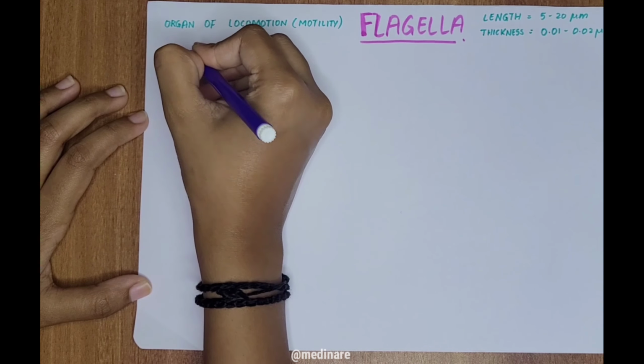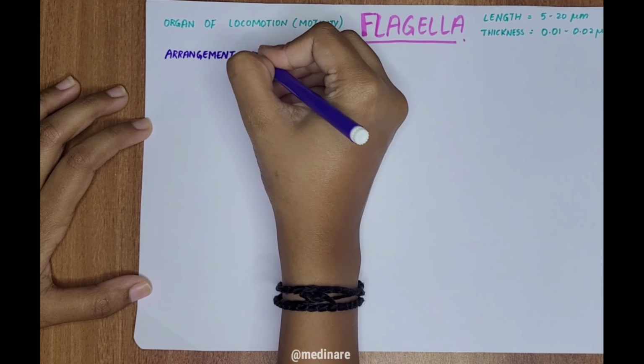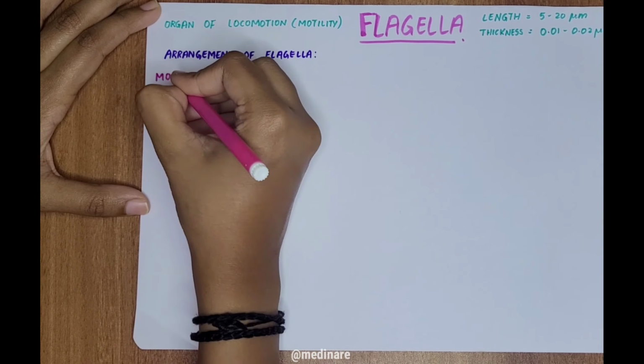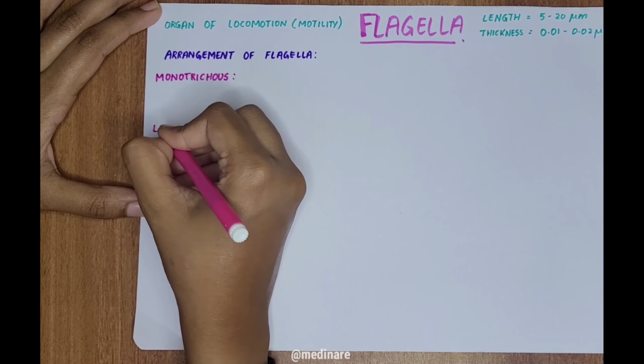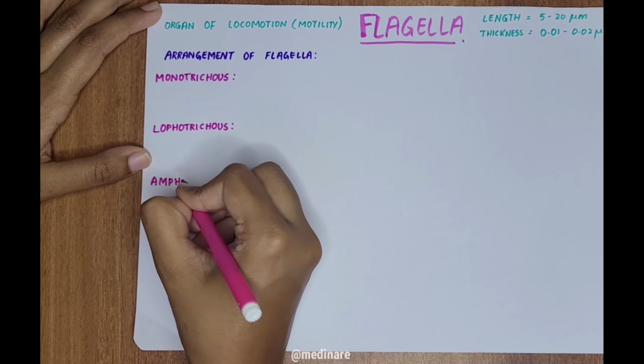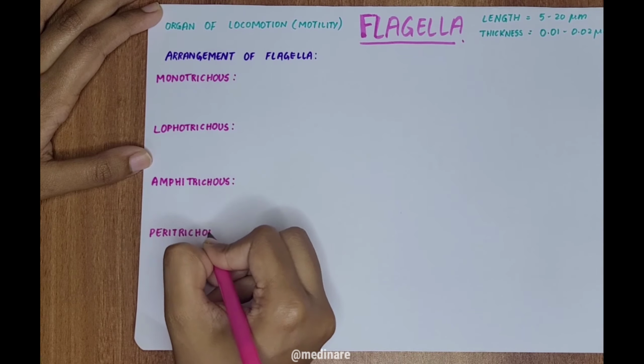The bacterial flagella are attached to the bacterial cell wall and are arranged in various ways. Those different ways of flagella arrangement are monotrichous, lophotrichous, amphitrichous, and peritrichous.